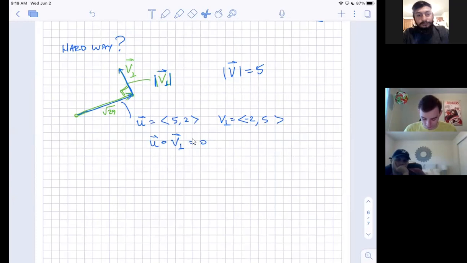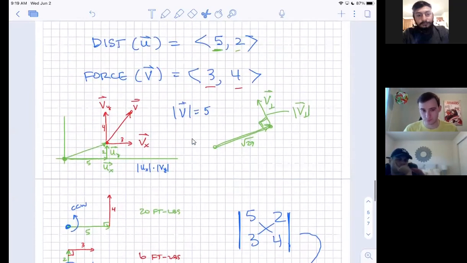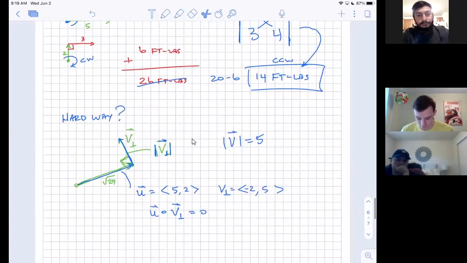So let's see. 1, 2. It's 3, 4, right? Not 4, 3. So that's actually vector v. That's where v is supposed to be, but we're trying to reorient it. We're trying to send it in another direction.